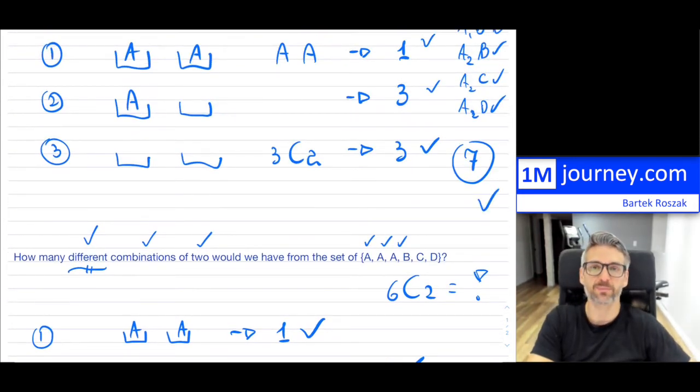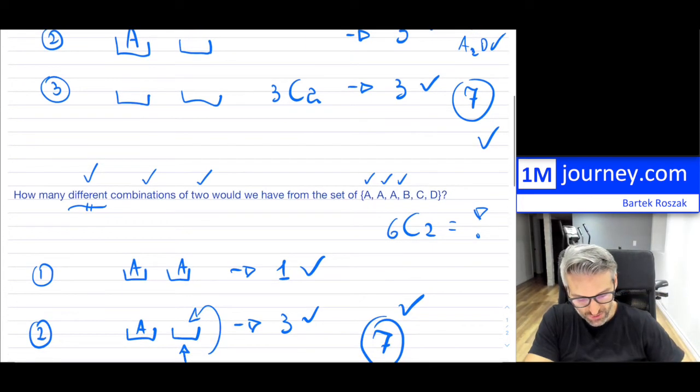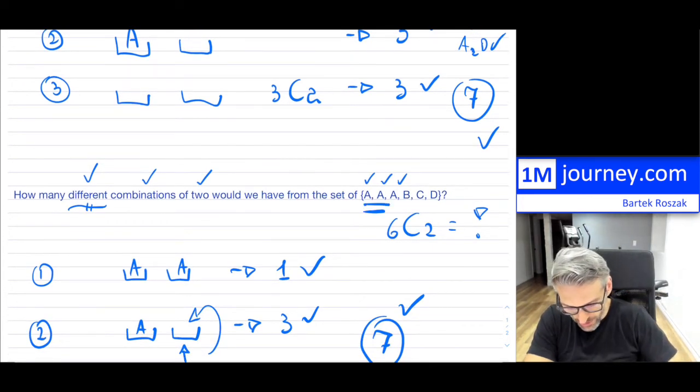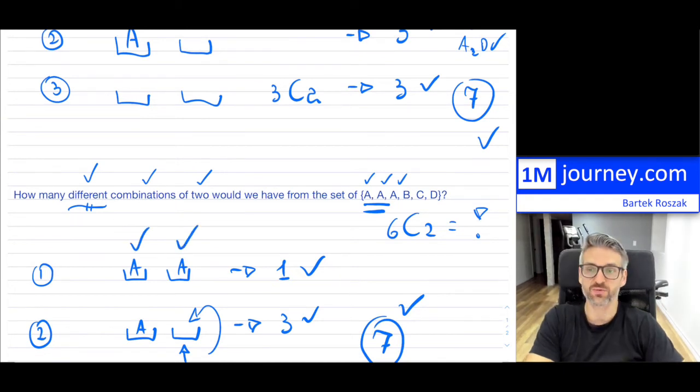So it doesn't matter how many more A's we're adding, the different combinations that we would get are still the same. But of course, the more A's that you add, the more instances of this case you would get.